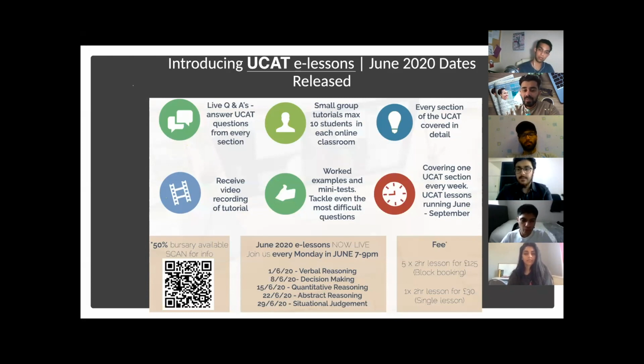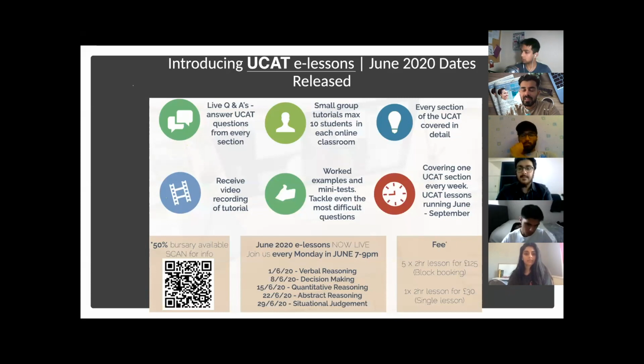The way we're structuring this is we're planning to run the sessions on an evening once per week throughout each month, with the first one being on Monday. We also have a 50% bursary available. As part of our philosophy, we want to make sure that our services are accessible to everyone, and we don't want to put any barriers in place.